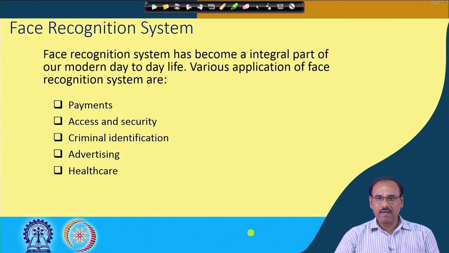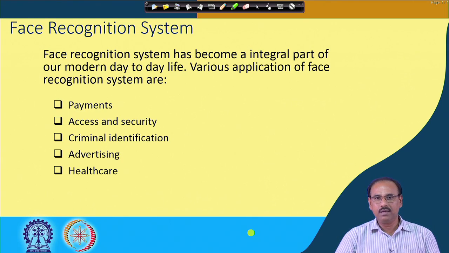So before you have access to the office, a camera takes your face image and tries to verify with an image already available in the database whether your face image is the same as the image of an authorized person, who is already authorized by the authority. Only when it is authenticated, that is, yes, it is the same person, are you given entry to that particular office. So this is another application of face recognition or face based authentication, commonly known as biometric authentication.